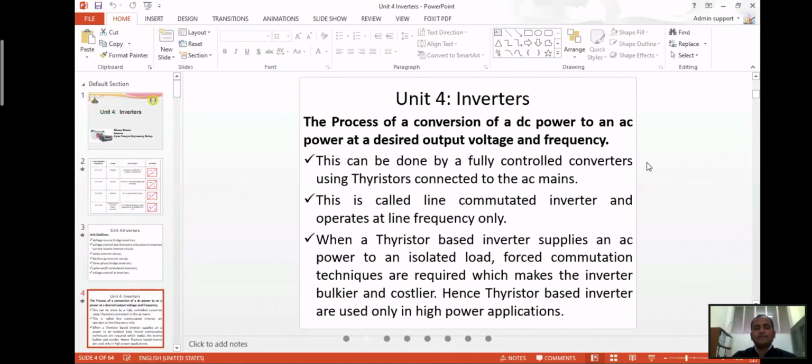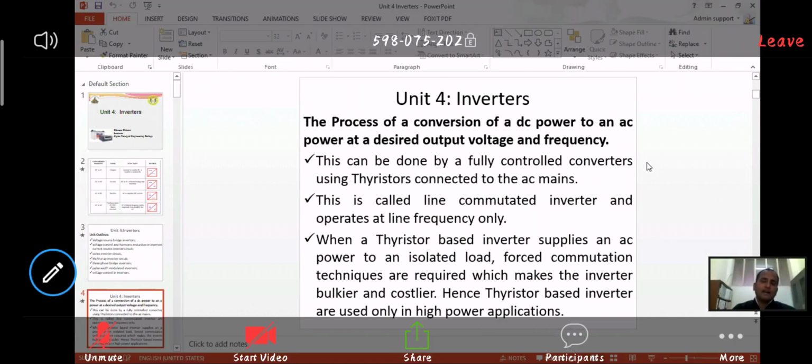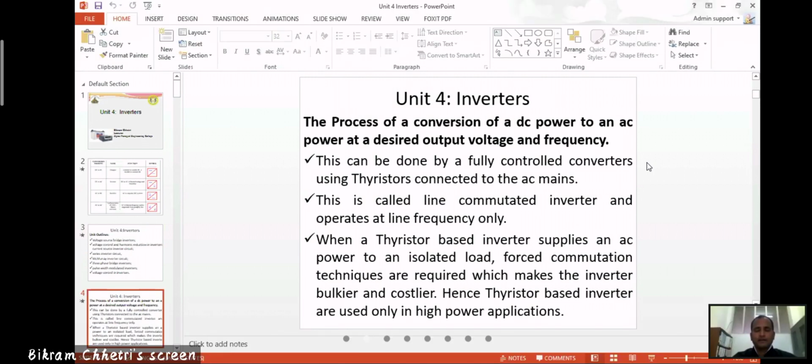But if your system is working at 150 hertz, then you need an output with the desired voltage, let's say around 200 volts and a frequency of 150 hertz. There are provisions in an inverter where you can convert at a particular frequency level and at a particular voltage, based on your requirement.